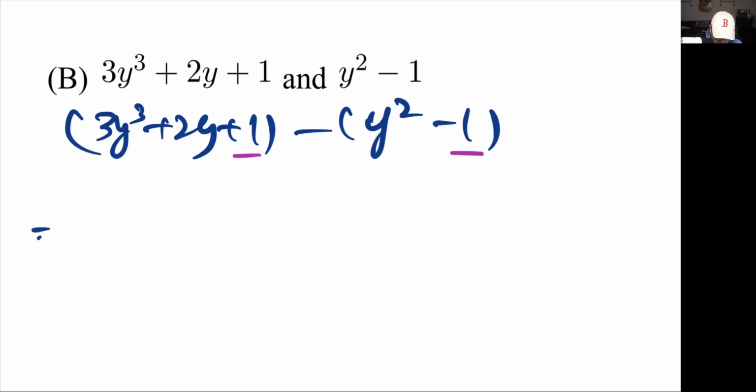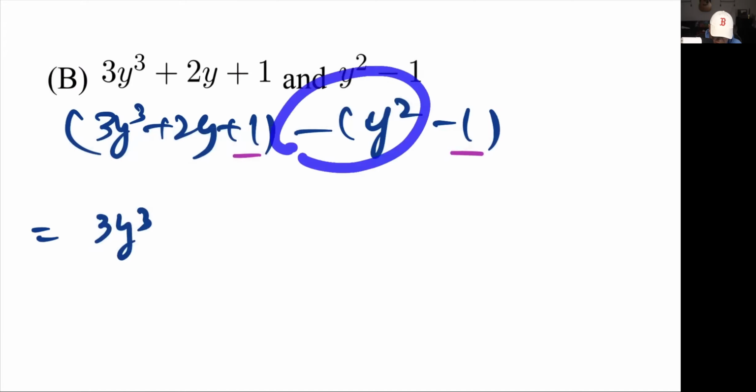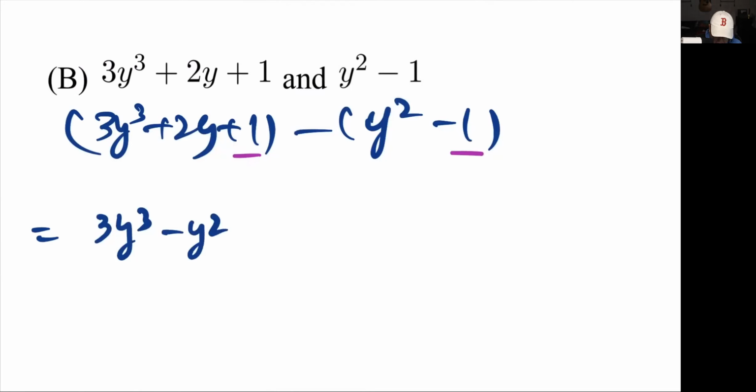Everything else we copy, but be very careful, right? 3y cubed, but right here is minus y squared. And then we got the 2y, and now what we have is 1 minus minus 1, isn't it? Which makes it positive 2. Okie dokie.